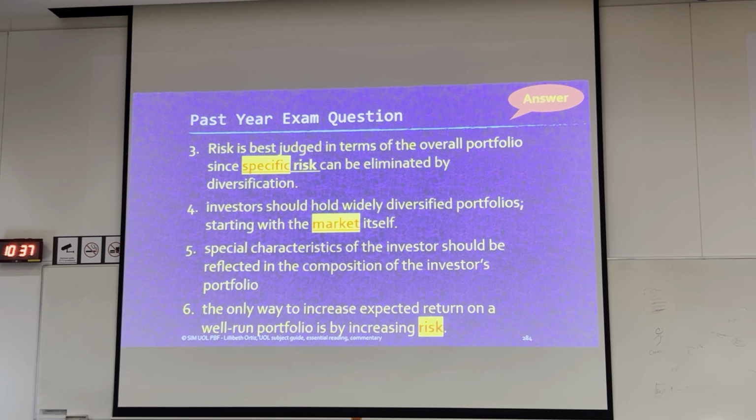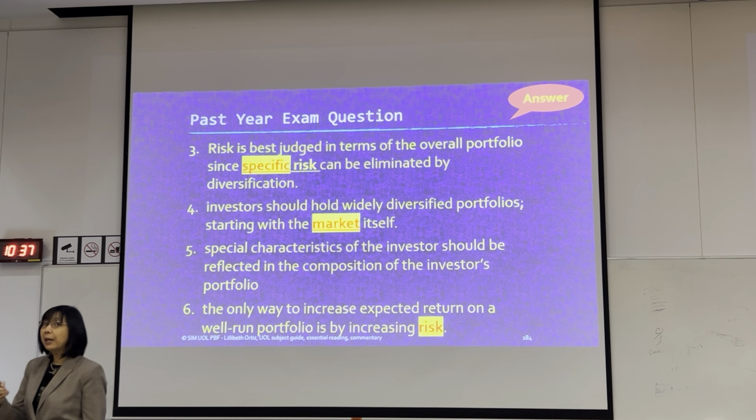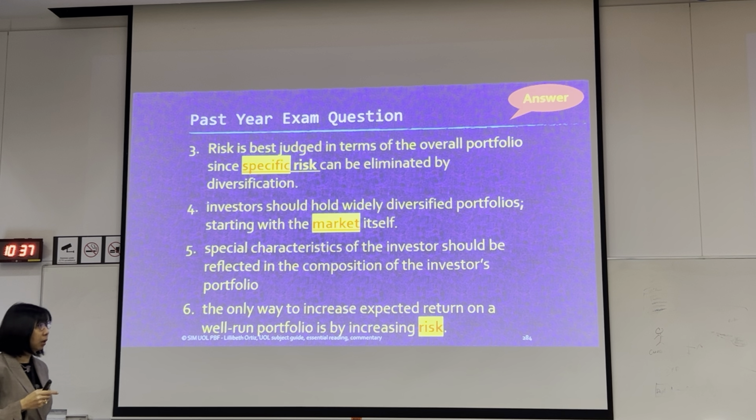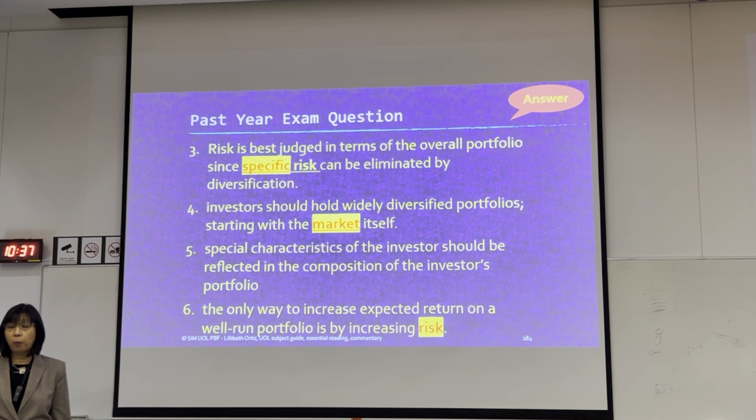Also, you're only compensated for taking market risk, because investors can get rid of specific risk through diversification. So you're only really compensated for taking market risk. And the goal is to have a very well diversified portfolio so that you get rid of the specific risk.